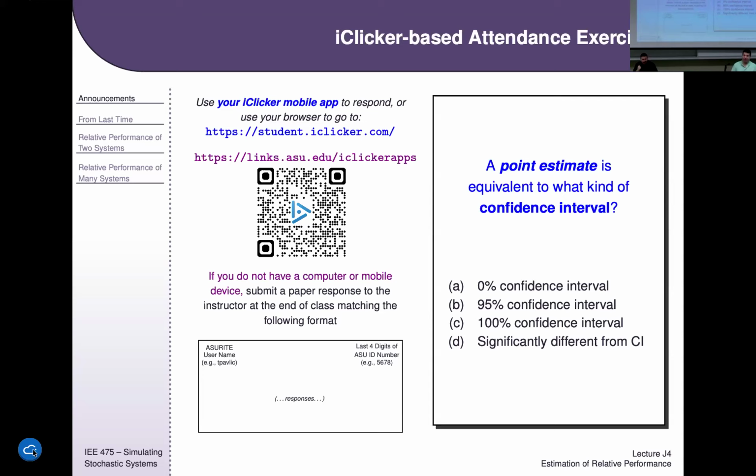If it's not good enough for you, you can go to 100%, but the only way you can be 100% confident that the real value is within the estimate you give your stakeholder is if you tell them it could be anything. So with a 0% confidence interval, if you tell somebody the waiting time is 5 minutes, all you're telling them is that at the end of this particular simulation run, the average customer waited 5 minutes.